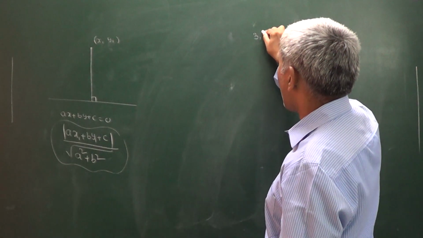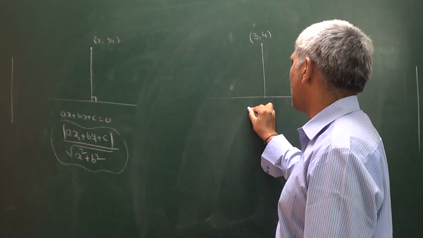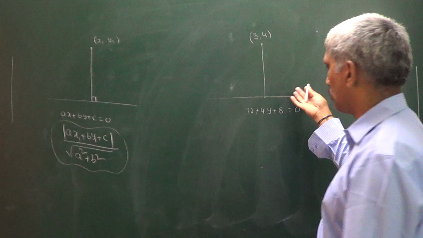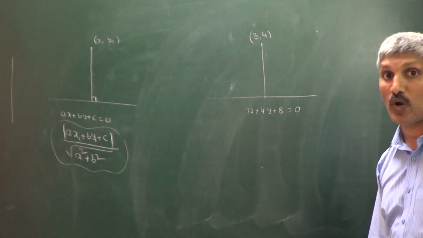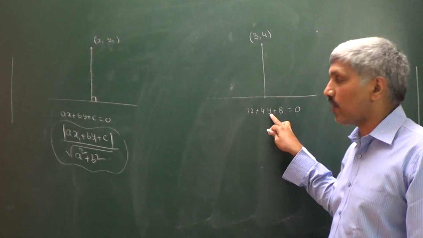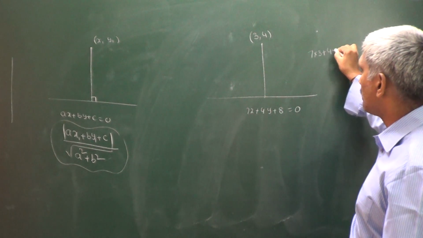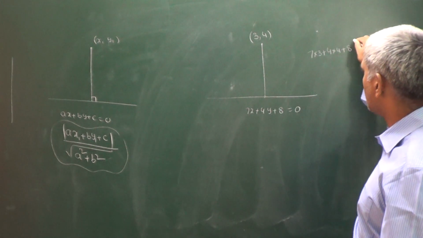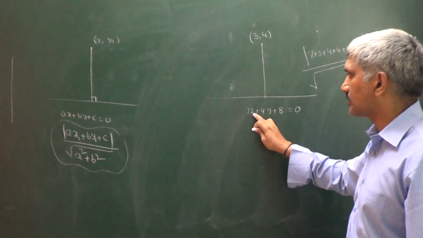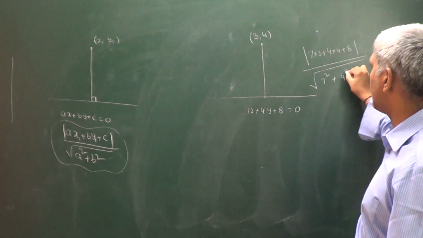Suppose the point is given as 3, 4, onto the line 7x plus 4y plus 8 is equal to 0. We want to find the perpendicular distance. As I told, in place of x write x1, in place of y write y1. Then 7 into 3 plus 4 into 4 plus 8 in modulus, divided by square root of x coefficient square plus y coefficient square.